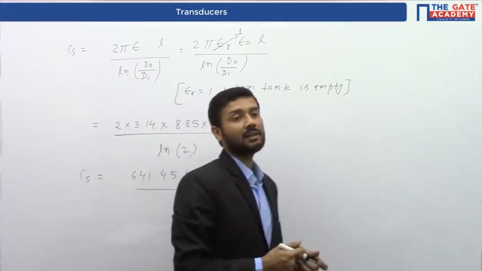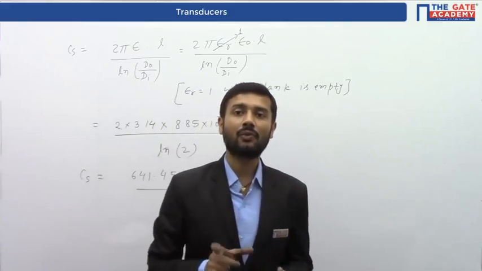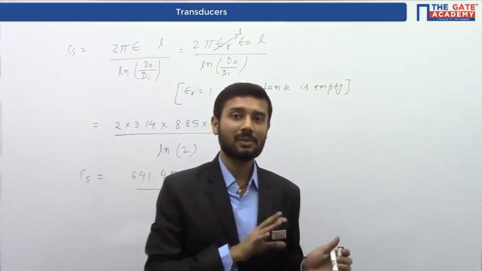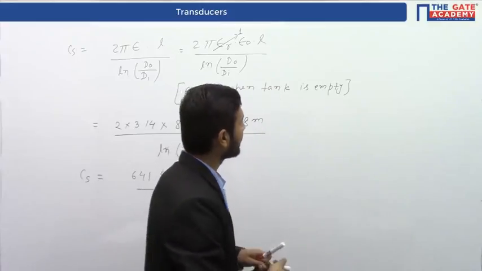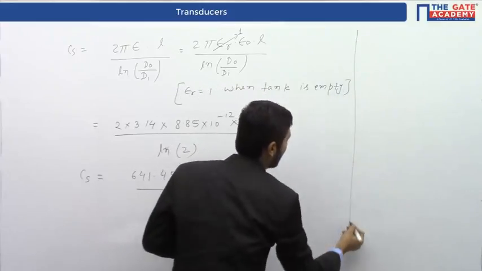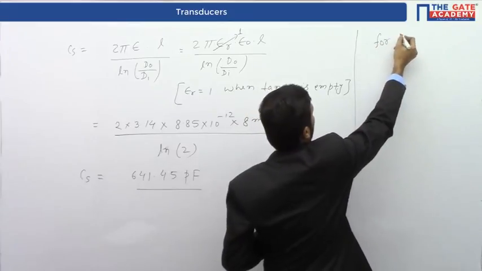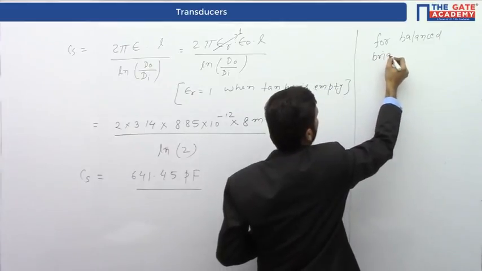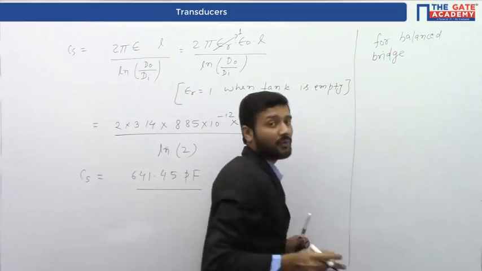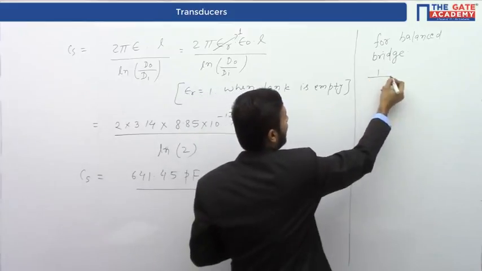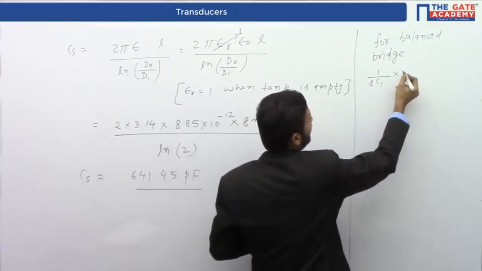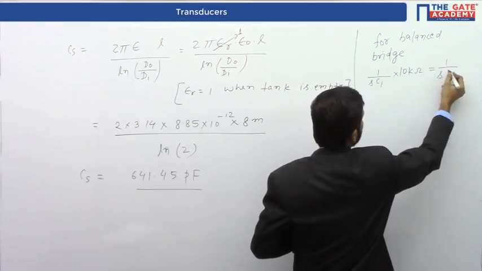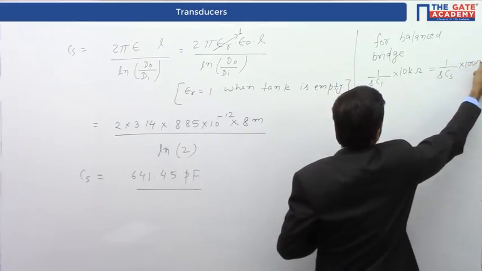Now we have to find the capacitance value C1 for which the bridge is balanced. Now we know the condition. For a balanced bridge, 1 by sC1 into 10 kilo ohm equals 1 by sCs into 100 ohm.